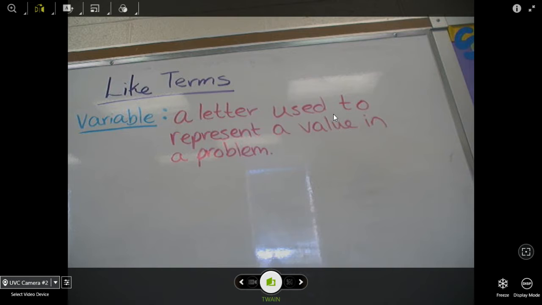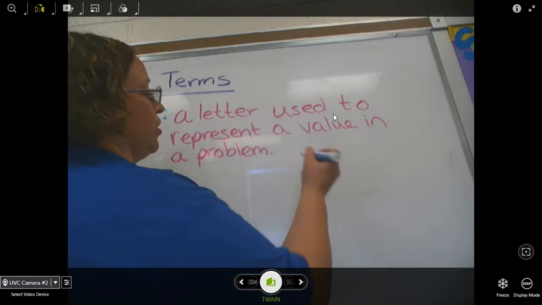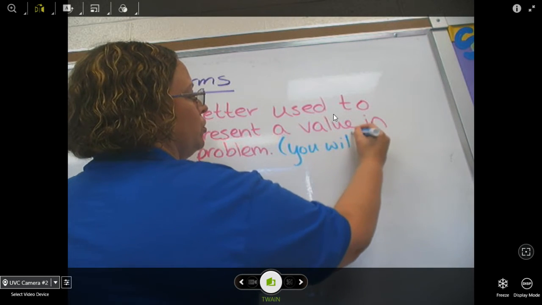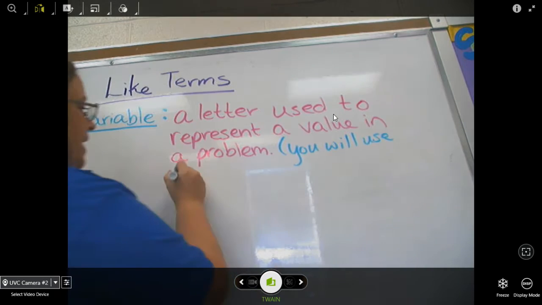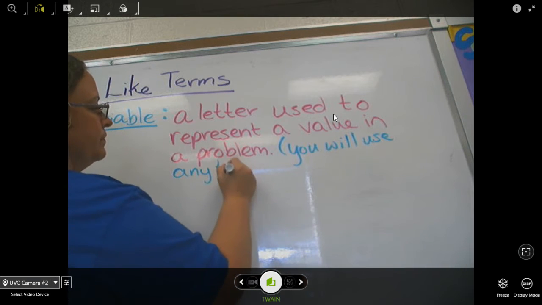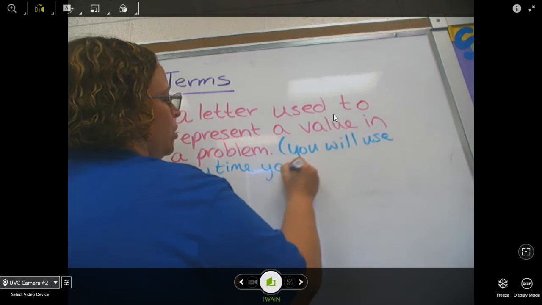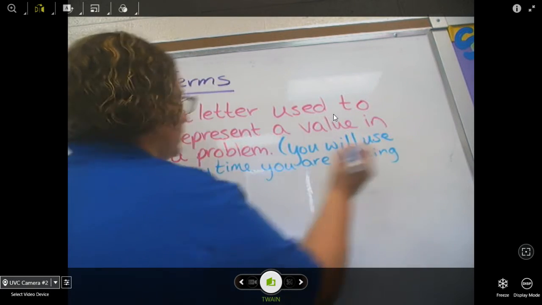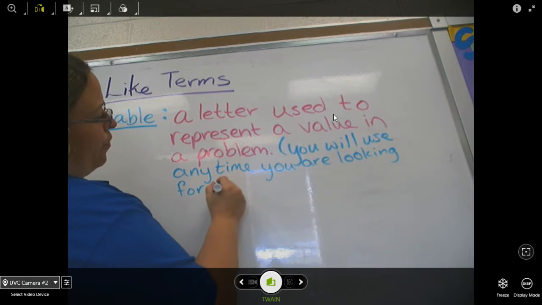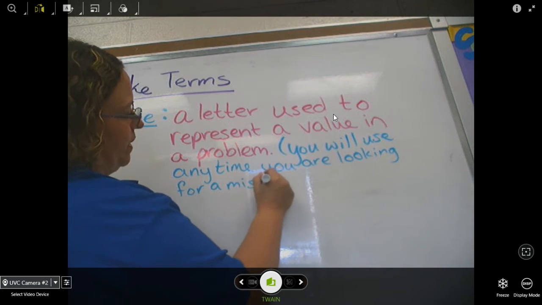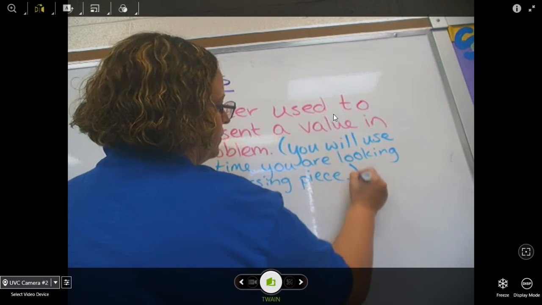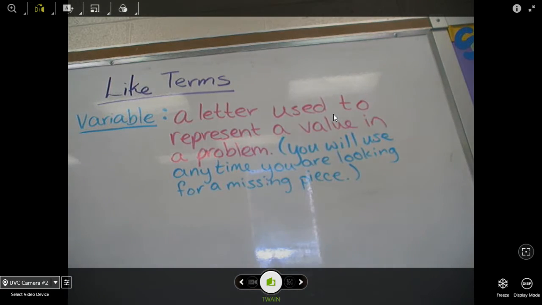So anytime there's a missing piece, that's what we're looking for. You will use a variable anytime you are looking for a missing piece. Okay? So that's when we're going to be using a variable.